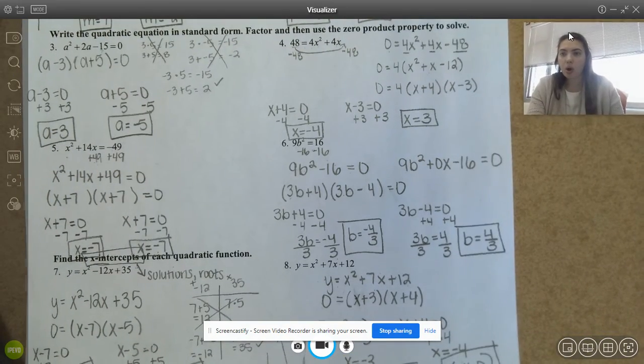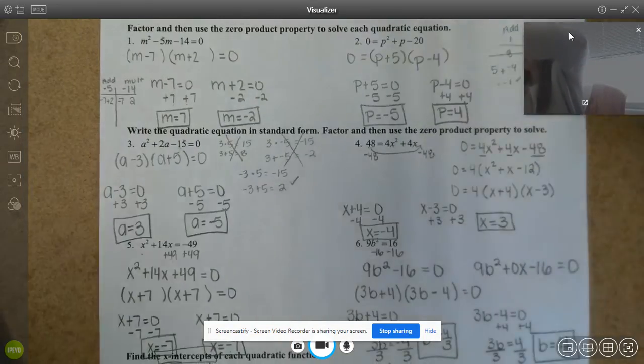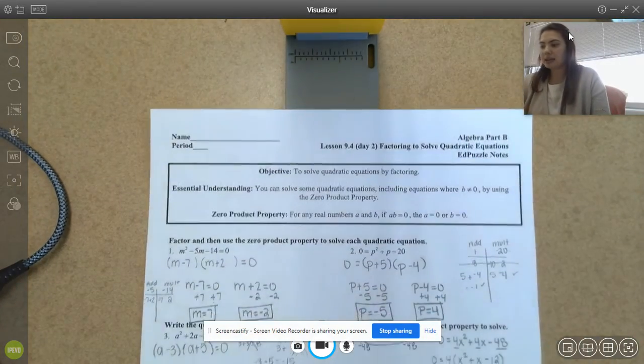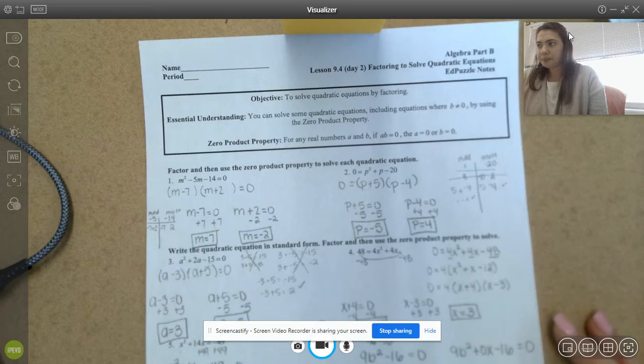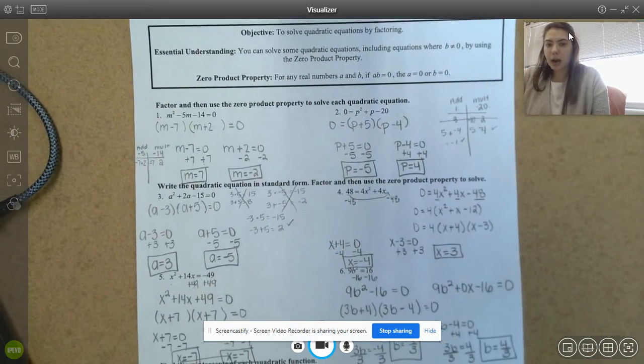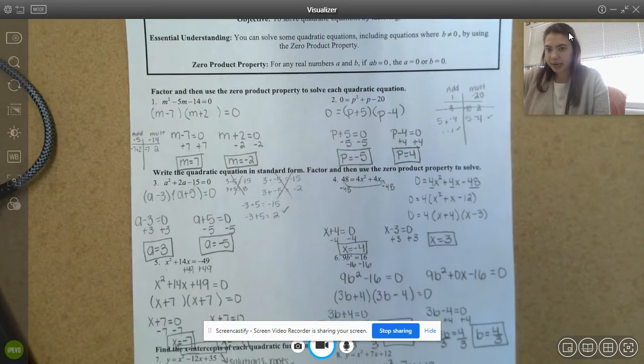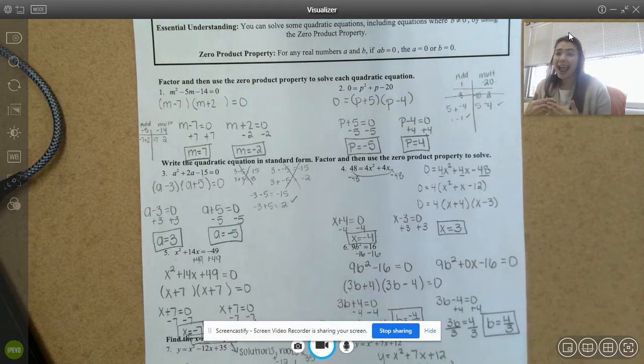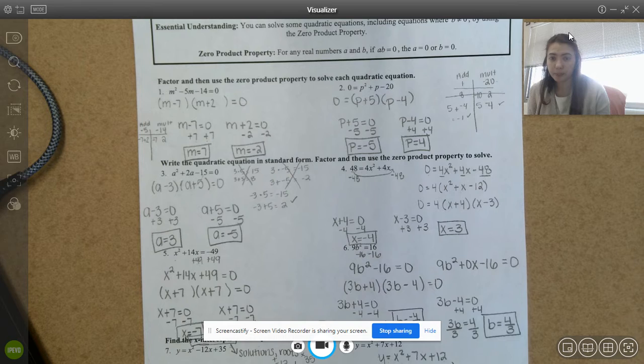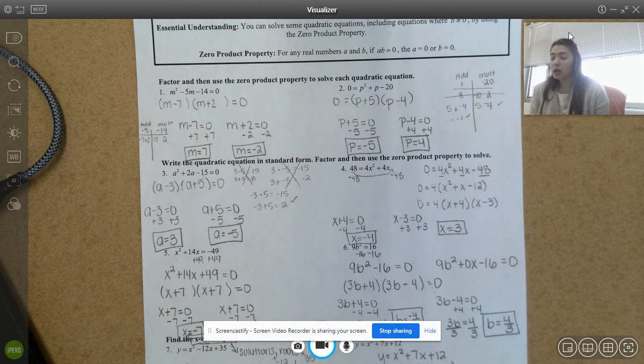So objectives for today. I'll zoom out a little bit so you can see everything. Zero product property, solving by factoring. Your equation has to be set equal to 0 in order for the zero product property to hold true. Once you factor, you can then set each factor equal to 0 and begin to solve.